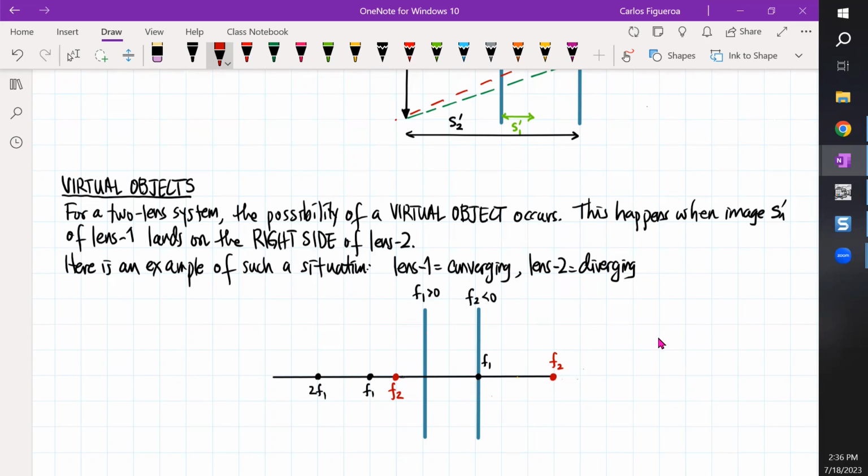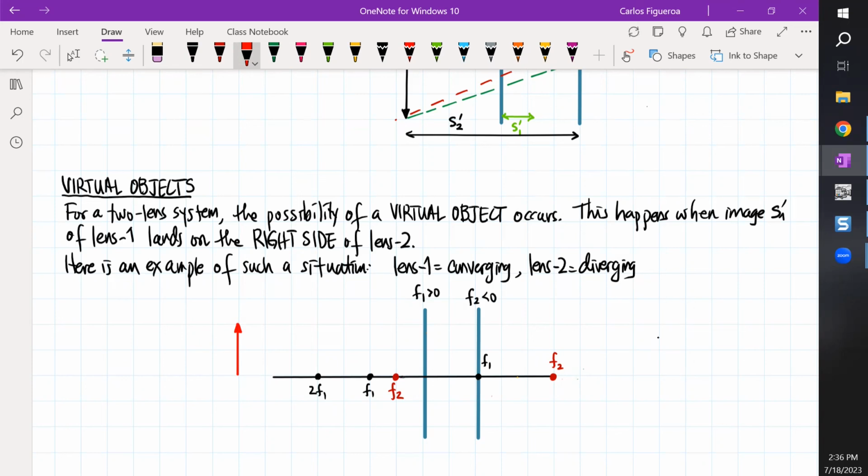So now I'm going to take my object, and let's say this is my object right here. I'm going to have this object be 2 squares high. I should extend my central axis, but I won't.